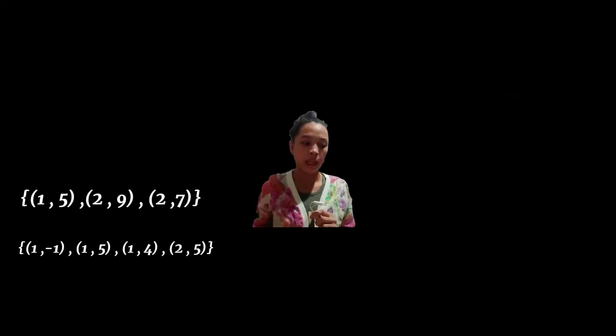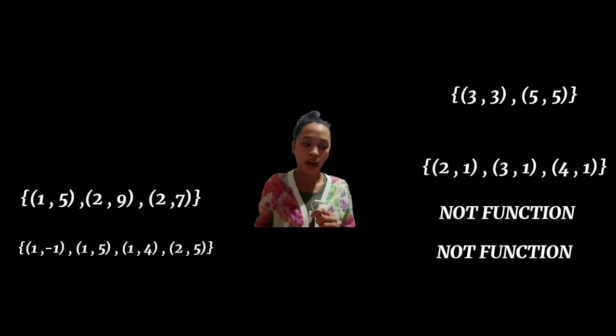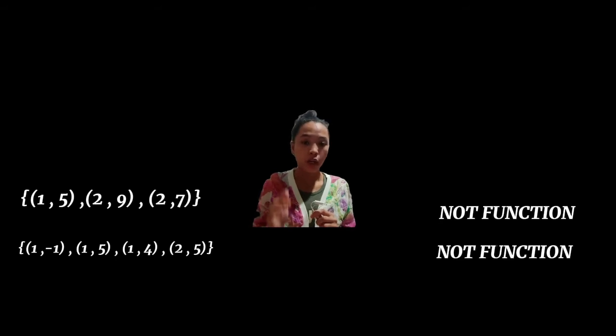While in function, like in relation, 3 and 3, 5 and 5, 2 and 1, 3 and 1, 4 and 1. But the remaining ones that we discussed, 1 and 5, 2 and 9, 2 and 7, and 1 and -1, 1 and 5, 1 and 4, and 2 and 5 are not functions.